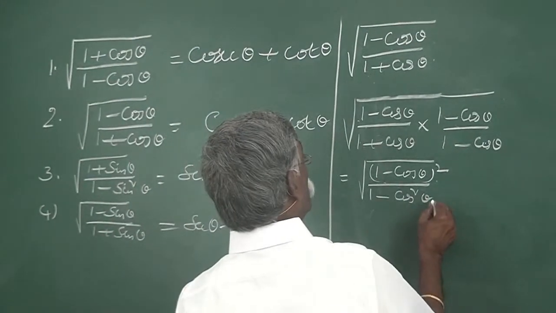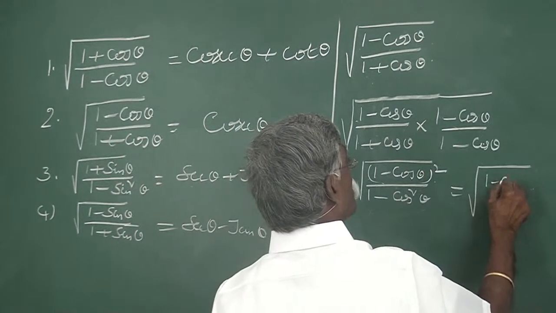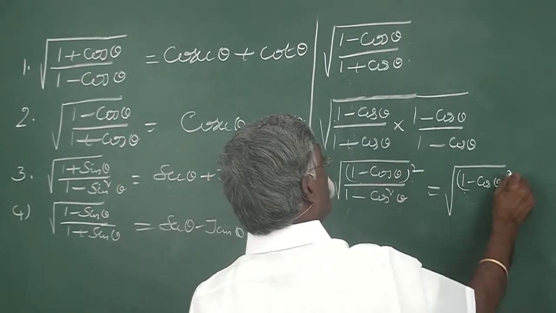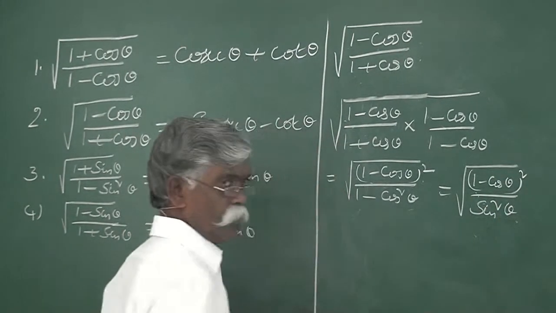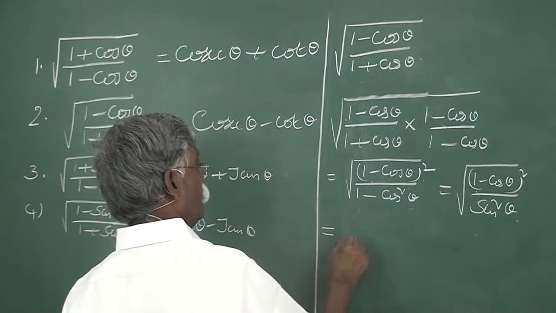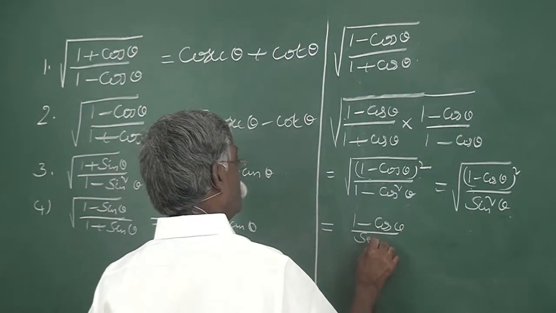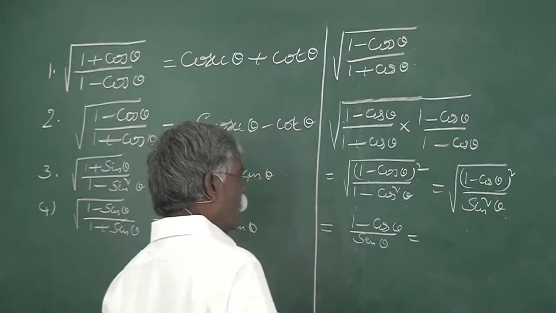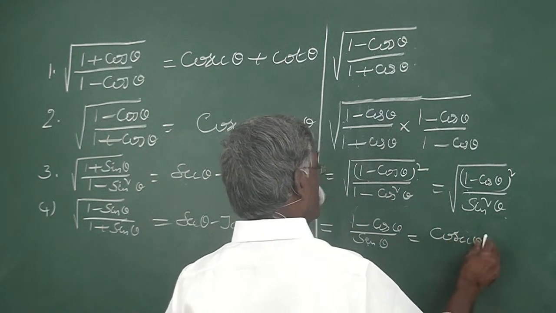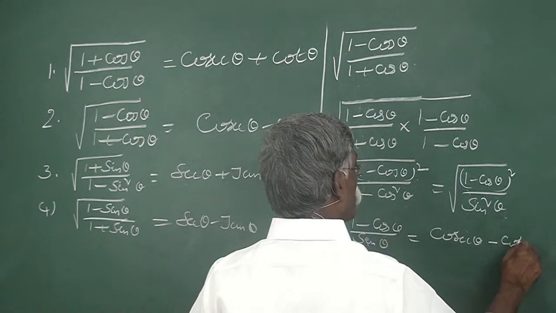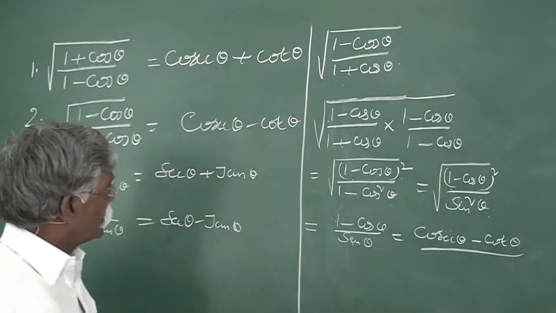Thereby the numerator is 1 minus cos theta whole square, and the denominator is sin square theta. So when we take out the root, it is 1 minus cos theta by sin theta. Now splitting this, 1 by sin is cosecant theta, minus cos by sin is cot theta. Therefore the answer is cosecant theta minus cot theta.